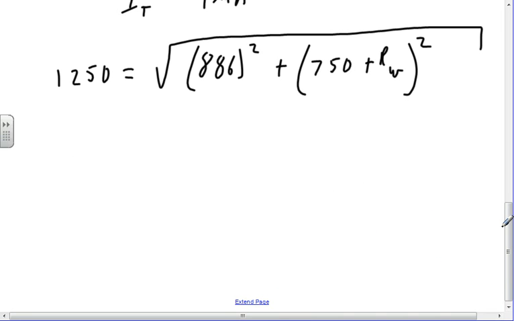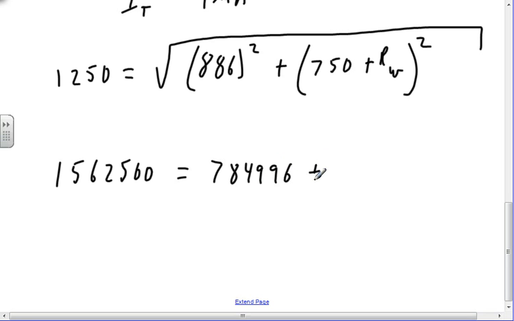So I'm going to have 1,562,500 is equal to 886 squared, 784996 plus 750 plus RW quantity squared.